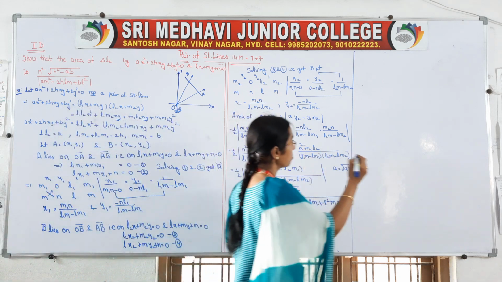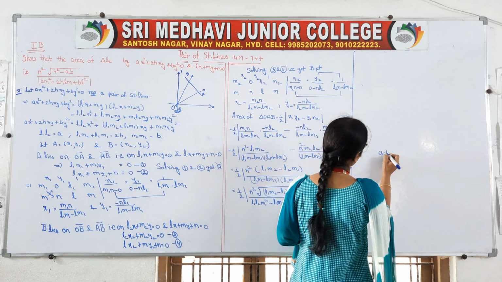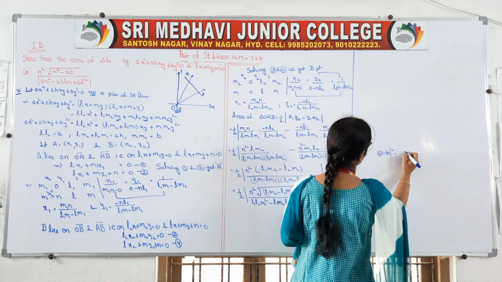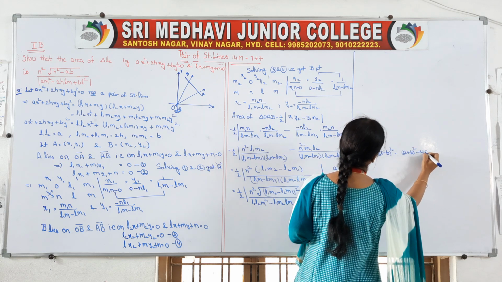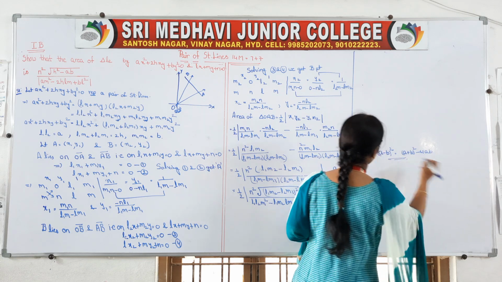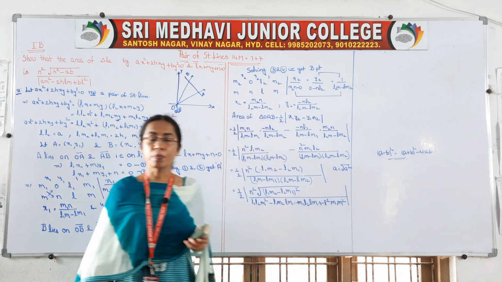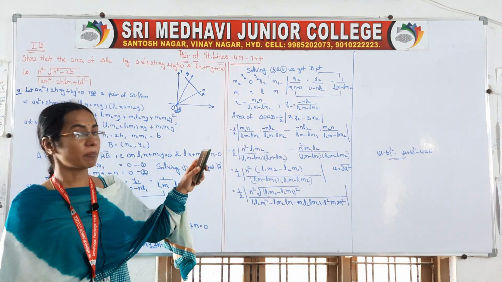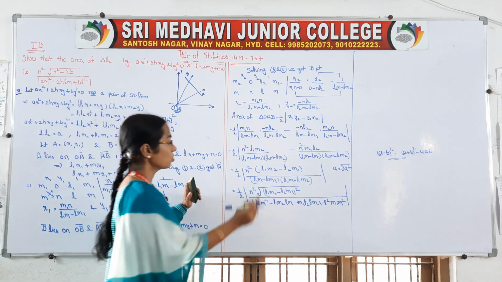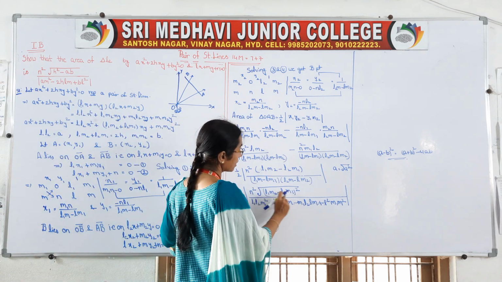There is one formula. What is that? A minus b whole square can be written as a plus b whole square minus 4ab. In place of a minus b whole square, we can take a plus b whole square minus 4ab form. So you consider this as a, this as b.